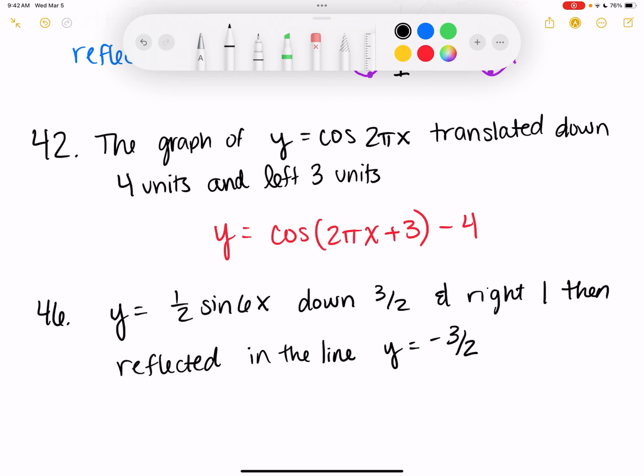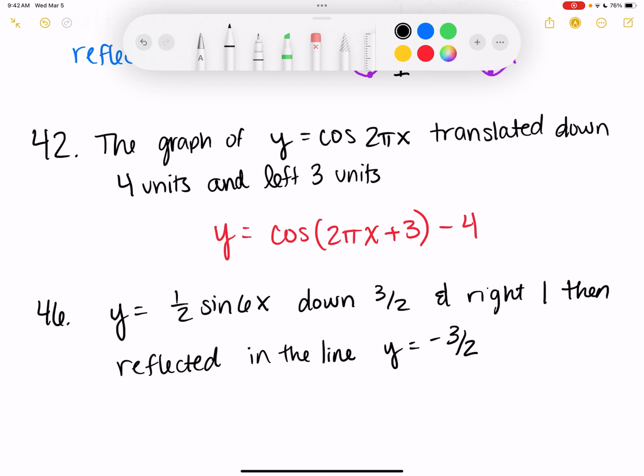And it's only because they tell you that it's shifted down and right, and then it's reflected, okay? It doesn't change anything about the way it would look if you graphed it, if we reflected it first and then shifted it, or if we shifted and then reflected, okay? So that's why it's written that way. Just in your brain, if that's confusing you, just go, it's reflected. That's all you need to know, okay?